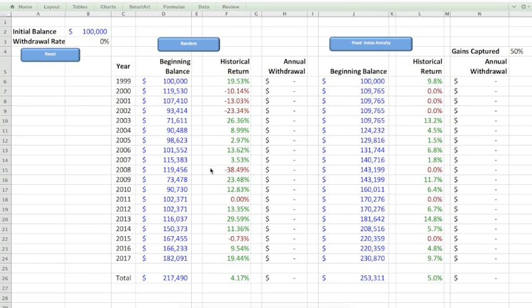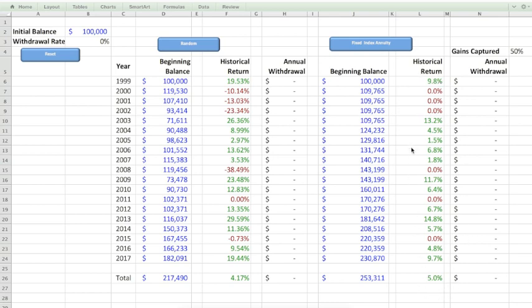Same thing in 2008 when the market dropped by almost 40%. Over here in this strategy, clients didn't lose any money, no losses. Why? Because the money's not invested directly in the market. We're just using the market to make gains. I also like to point out that these gains are credited as interest. It's paid as an interest rate.